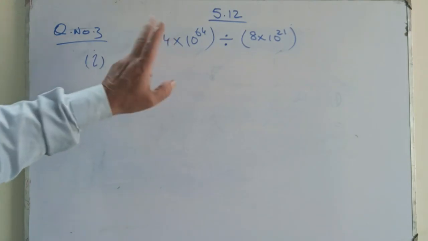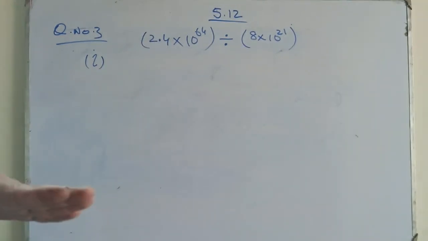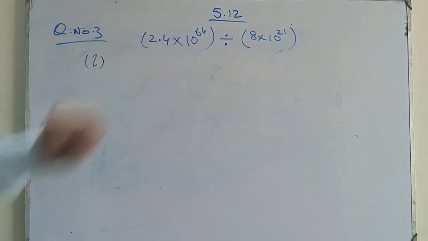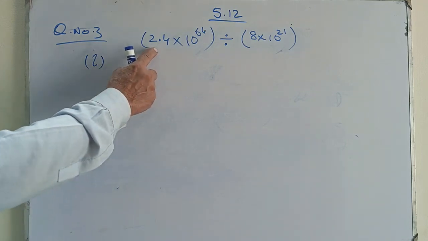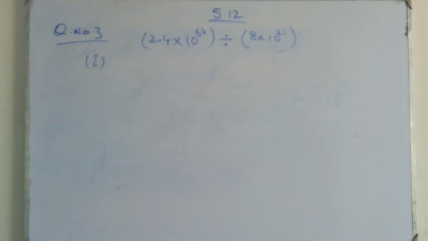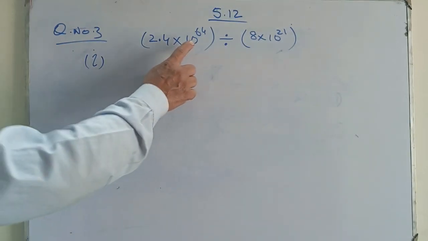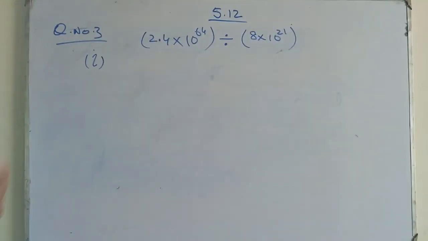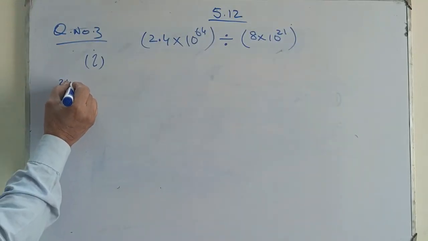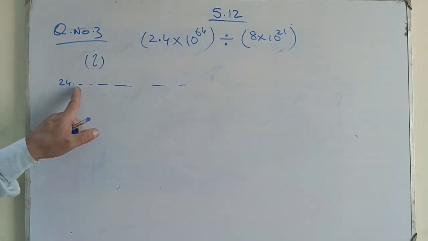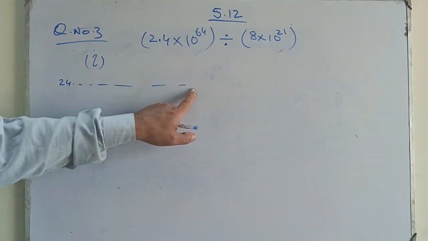Now, my dear students, again, like the previous question, this is in fact 24. This is not 2.4. How we made it 2.4 is that we have increased one zero over here. In fact, there were 63 zeros ahead of 24. 24 and 63 zeros ahead of it.